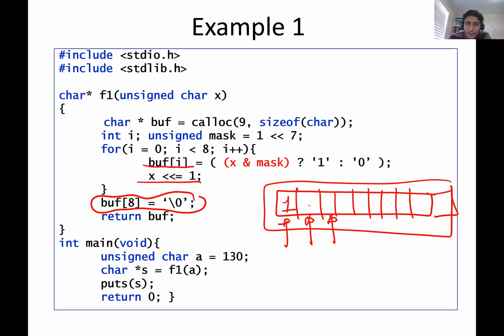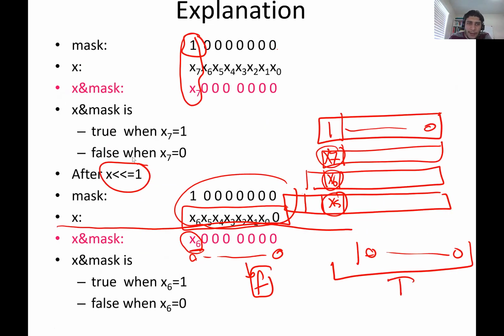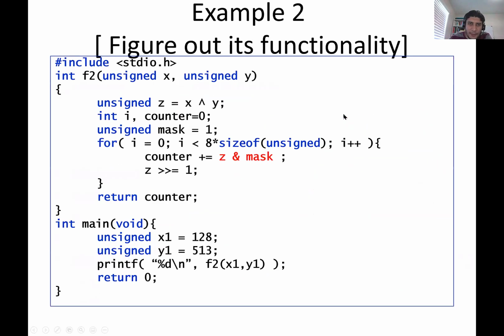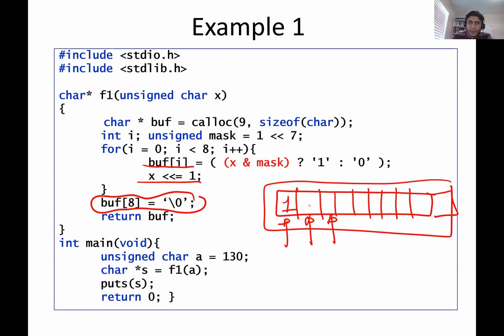Salah, what does this one do? It's simply shifting X left by one position and placing the result in X. This is saying X equals X shifted left by one.